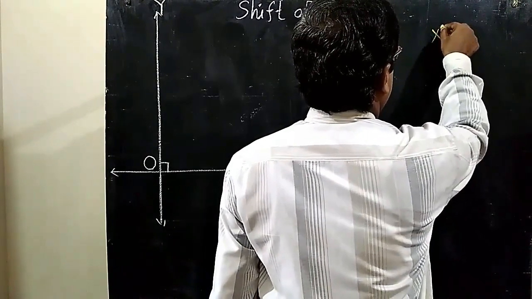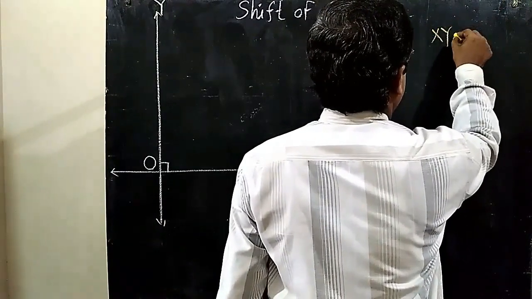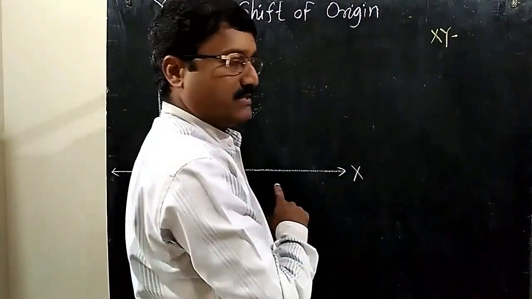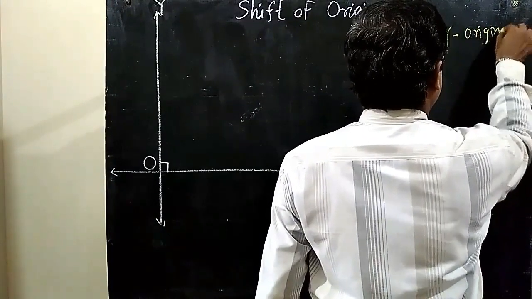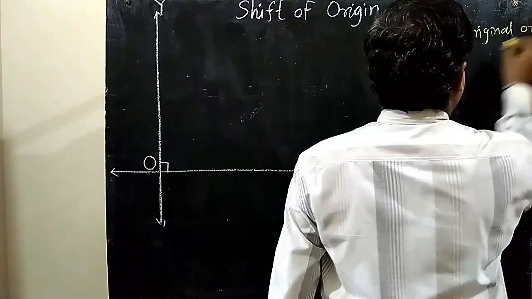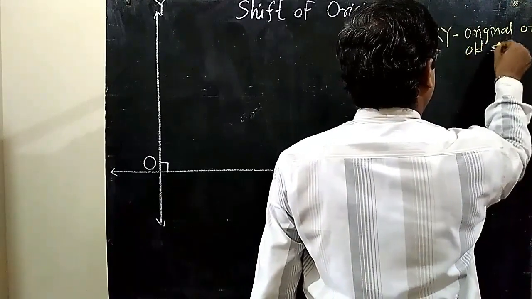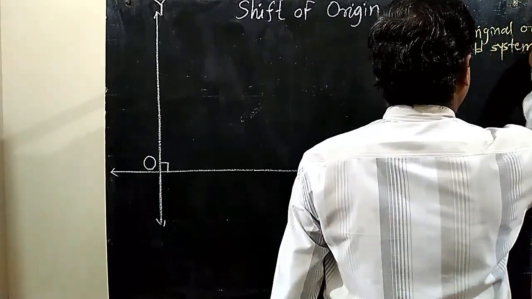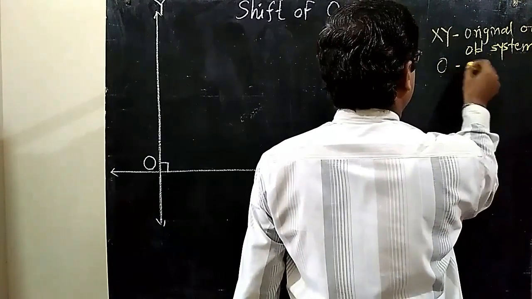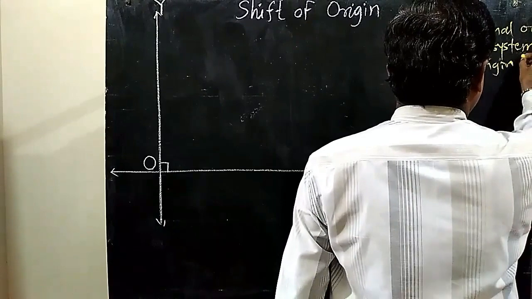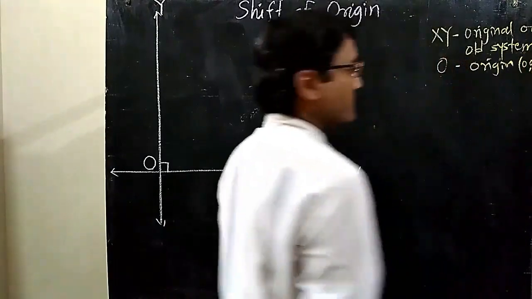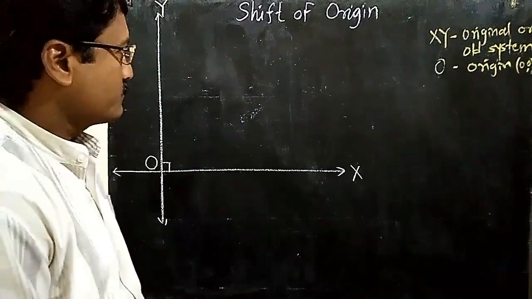This xy is our original or old system. O is origin. Its coordinates are obviously 0, 0.